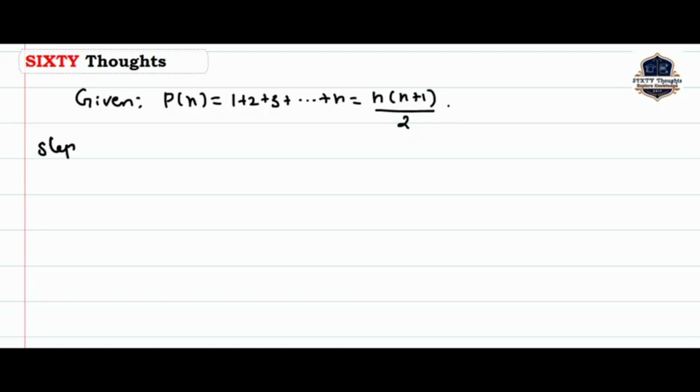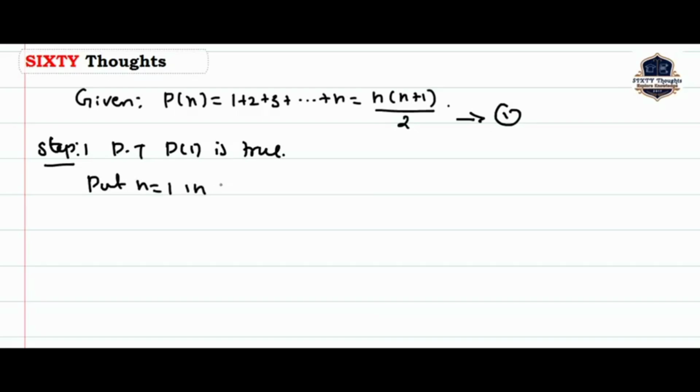So what is step number 1? Step number 1, we must prove that P of 1 is true. How to prove P of 1 is true? We substitute n equal to 1 in the given equation. We get P of 1 equal to 1 into 1 plus 1 by 2.